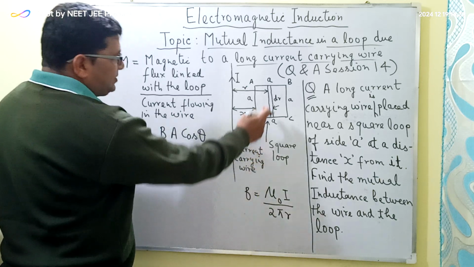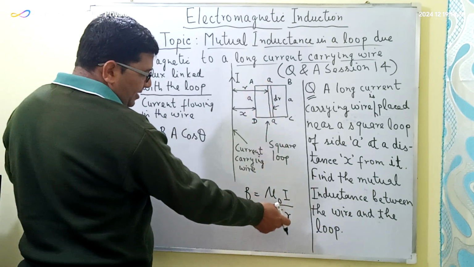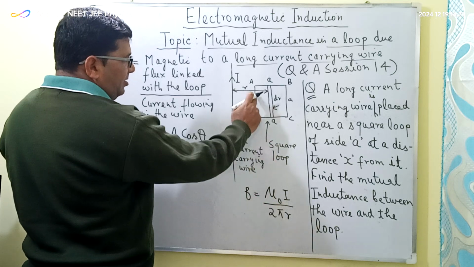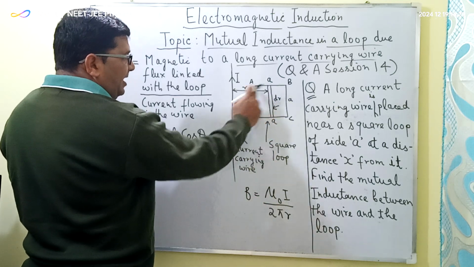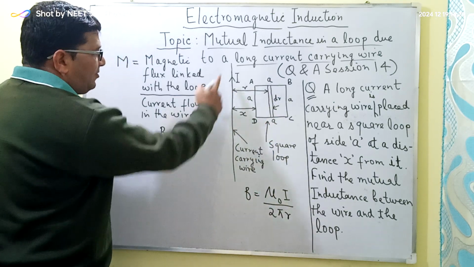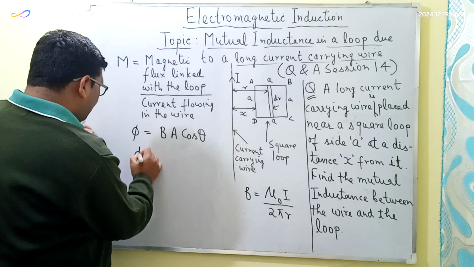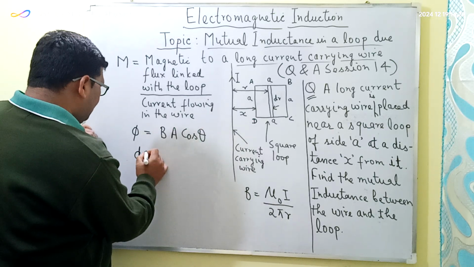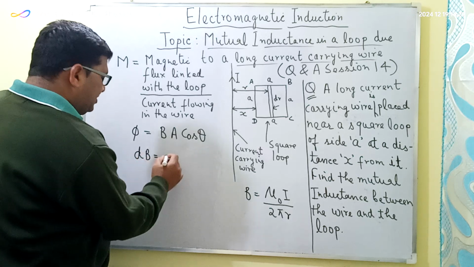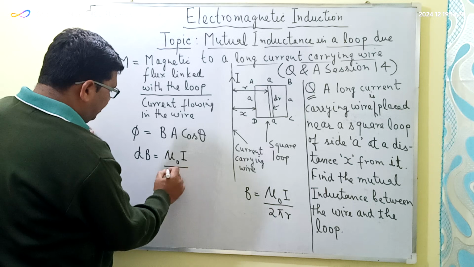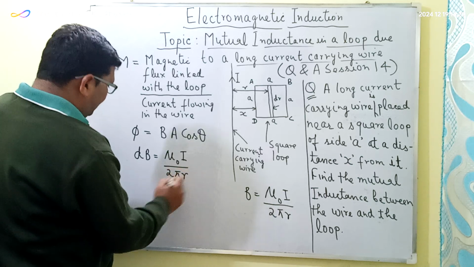So the magnetic field due to this element of thickness dr, which is situated at a distance of r from this current carrying wire, say dB, is equal to mu naught I upon 2 pi r.